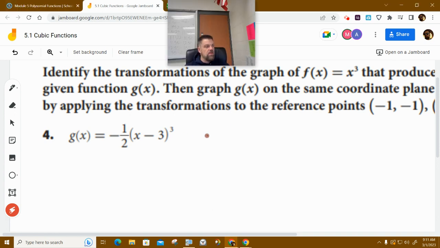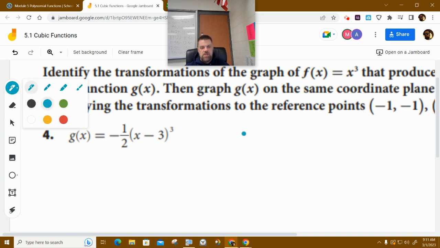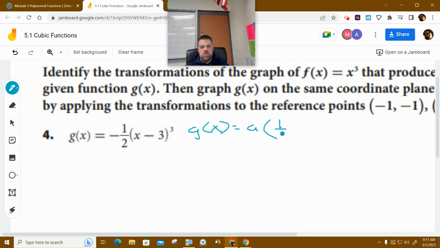So remember that g of x, let me write this down for real, is going to look like this, where I have a outside the parentheses, times the quantity 1 over b times x minus h, close that, raised to the third power, plus k. And so I'm going to look at this and try to figure out what's what.